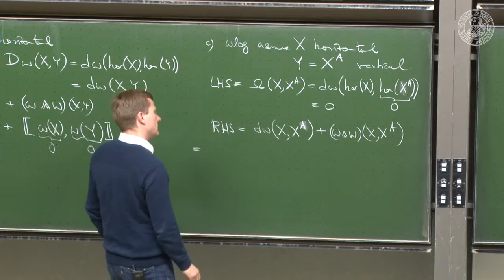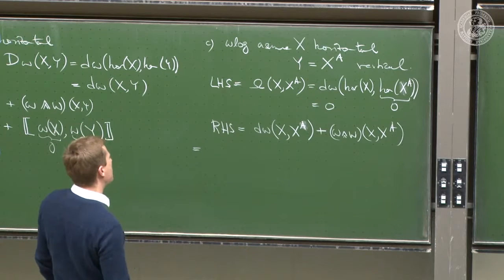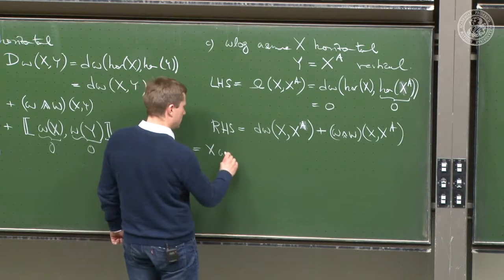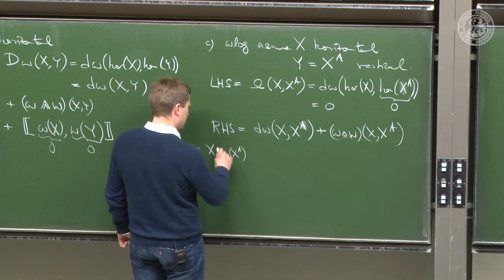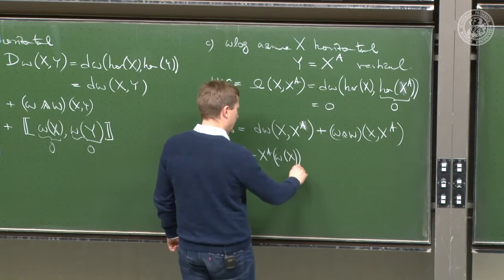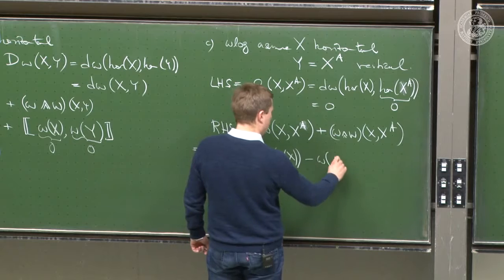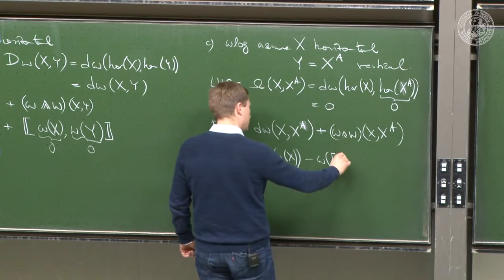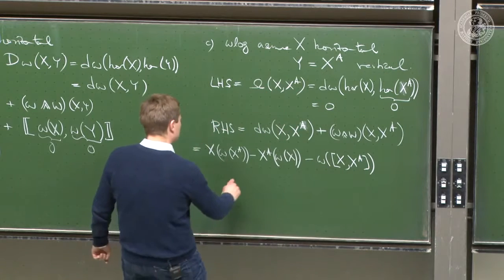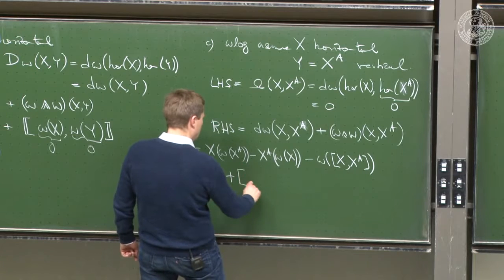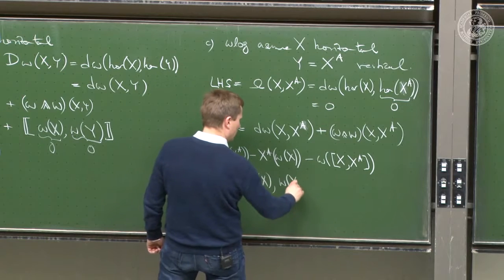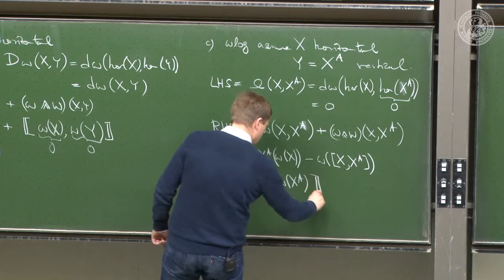Okay, so I think we have to again write down the whole thing. Yeah, let's do that. So it's x acting on omega of XA minus XA acting on omega of x minus omega acting on the commutator of x with XA, the differential geometric commutator, plus the Lie algebra commutator of omega of the horizontal vector field and omega of the vertical vector field.